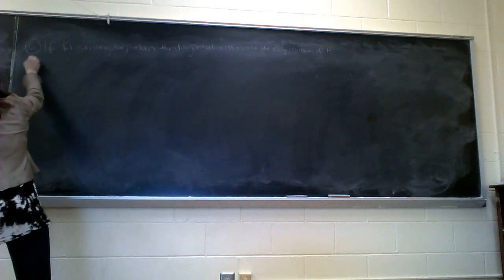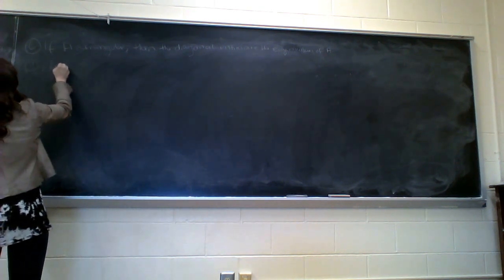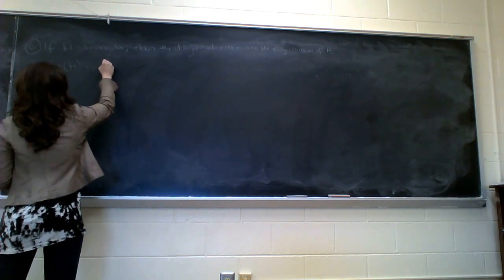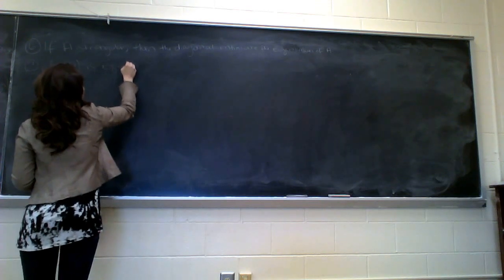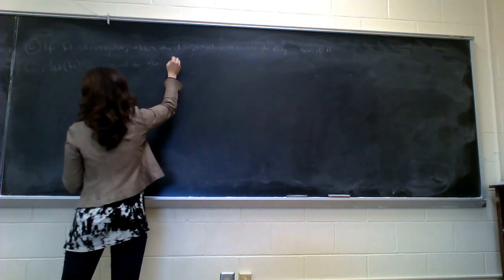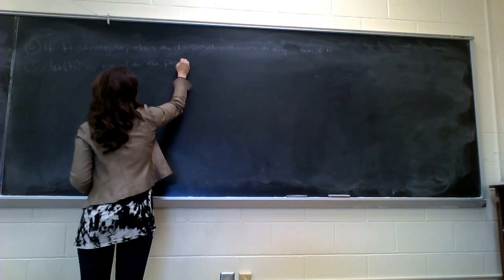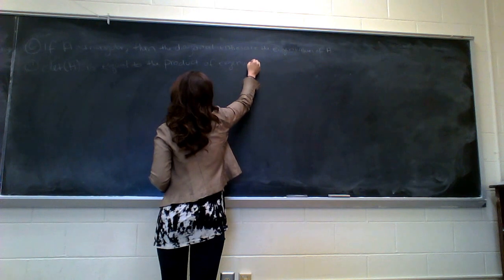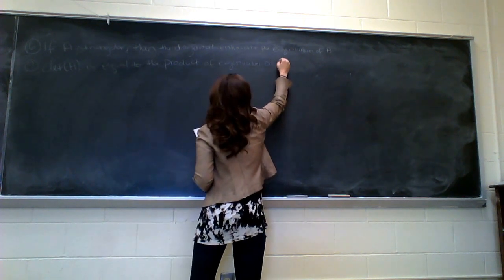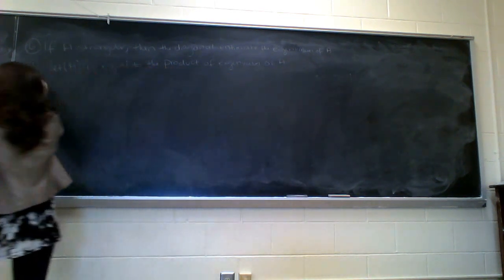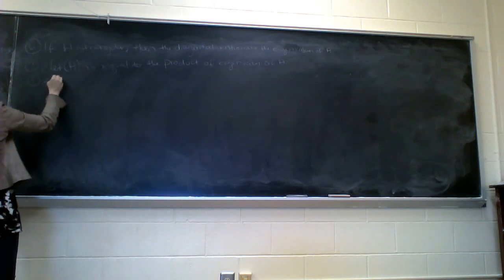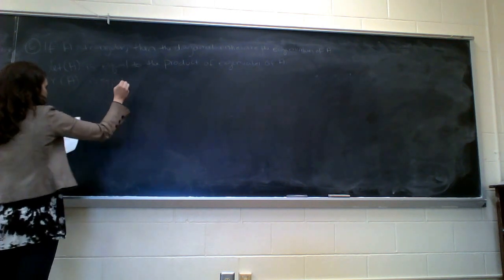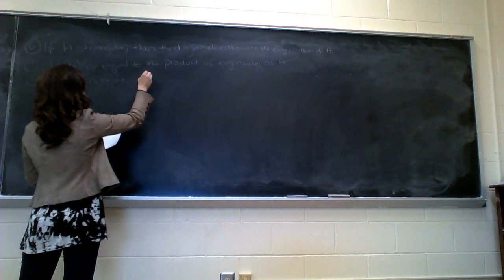All right. So the next one, the determinant of A is equal to the product of the eigenvalues of A, and lastly, the trace of A is equal to the sum of the diagonal entries.